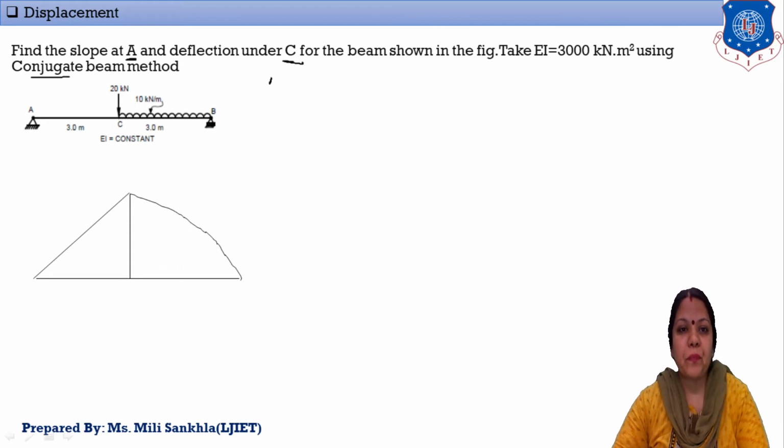Right, here first we find the actual beam support reactions, and support reactions are always found with respect to any reference point.